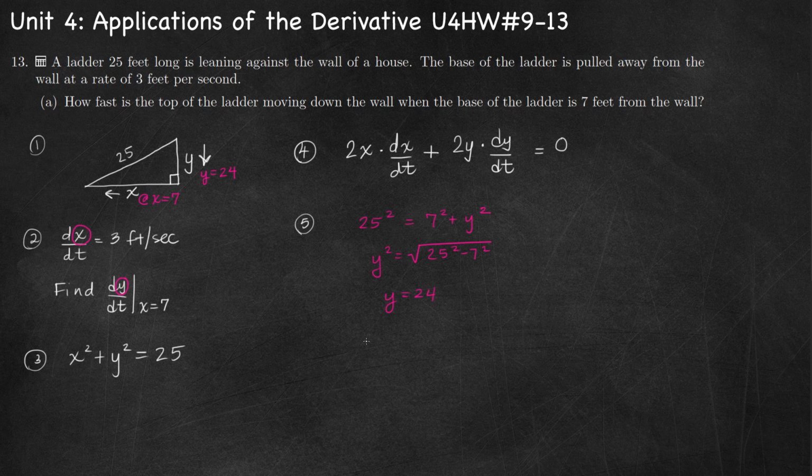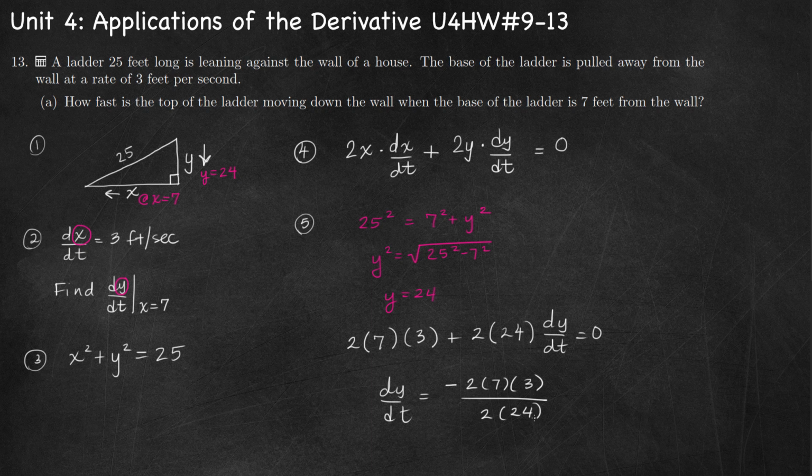And now substituting in our values, we have 2 times x, which is 7, times dx/dt, that's 3, plus 2 times y, and at this moment y is 24, times dy/dt equals 0, and we're solving for dy/dt. So we get dy/dt equals, if I subtract the 2 times 7 times 3, negative 2 times 7 times 3 over, and then divide both sides by 2 times 24.